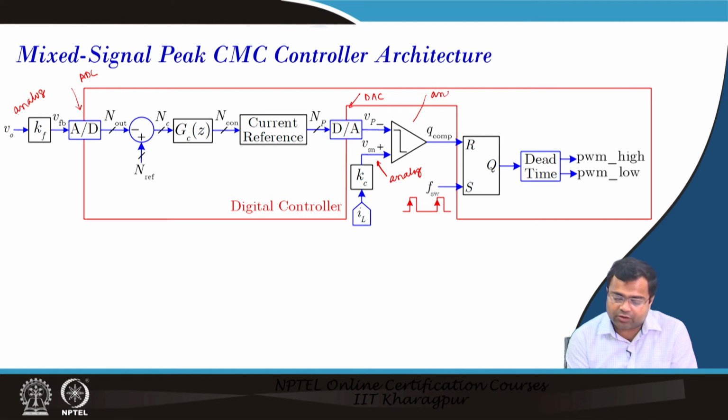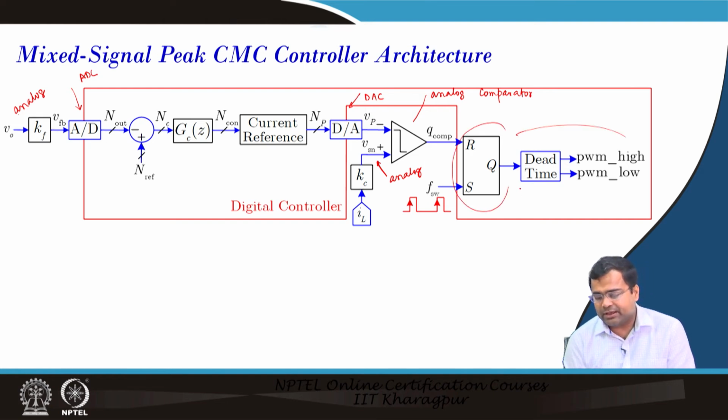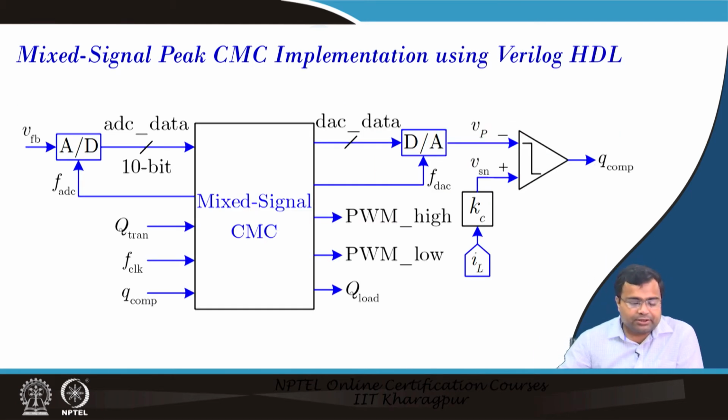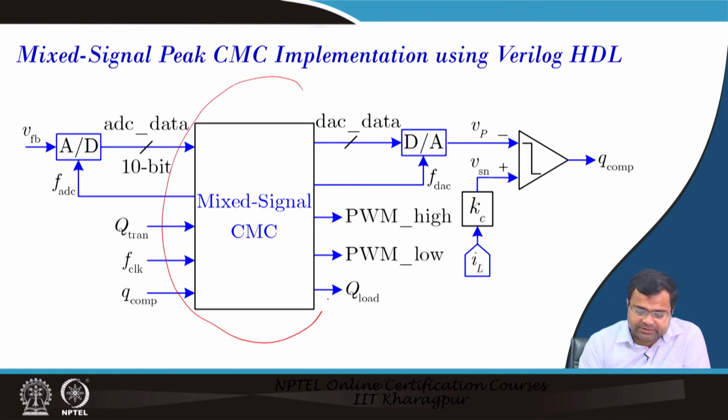So, this is our analog comparator. Output of the comparator goes to a latch circuit. So, this again is the digital block and the dead time circuit. We have discussed the dead time circuit in lecture number 70. So, this is the block that we are going to discuss.